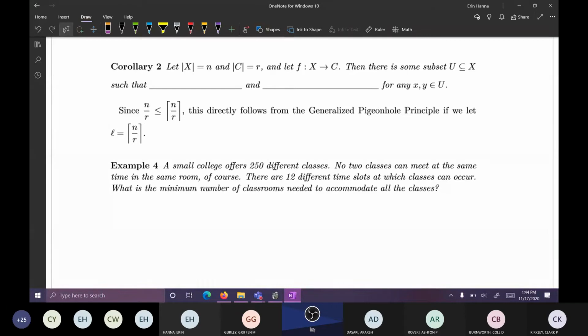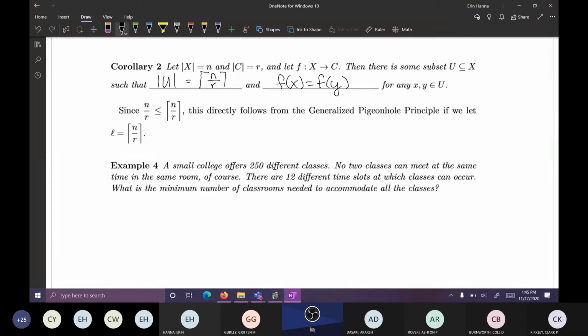Then there is some subset of the inputs such that the cardinality of that set, so the amount of things in that set, is equal to the ceiling of n divided by r. Sorry, not n divided by n. And f of x equals f of y for all of the elements in that set. So this follows from the generalized pigeonhole principle if we just let L be the ceiling.